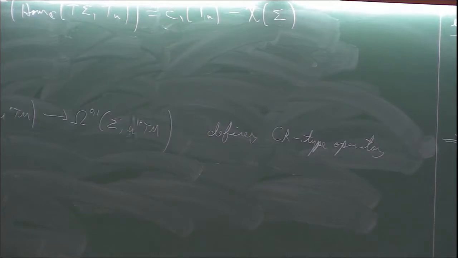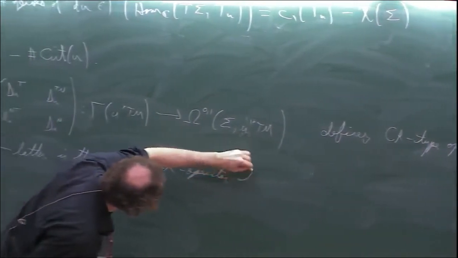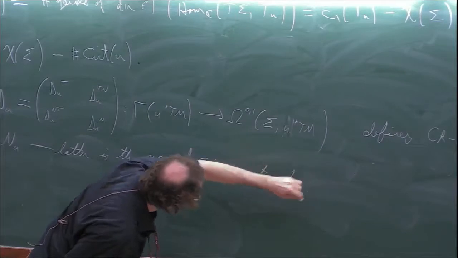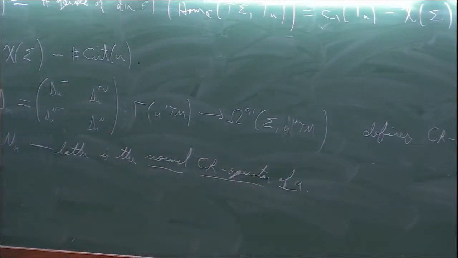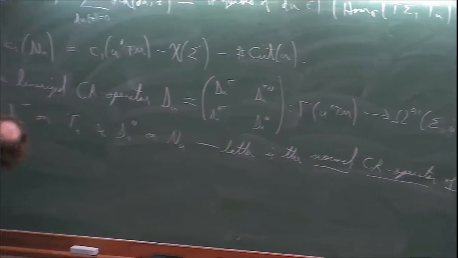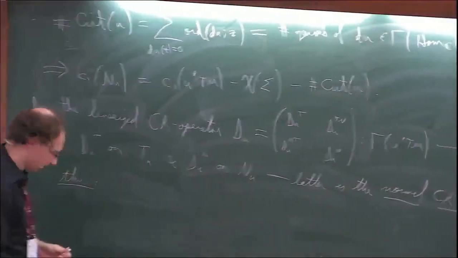This latter is called the normal Cauchy-Riemann operator of u. And the reason I'm interested in it is you can use this to characterize the notion of Fredholm regularity completely. So here's a theorem that I'm not going to prove, but I'll say a little bit about the intuition.